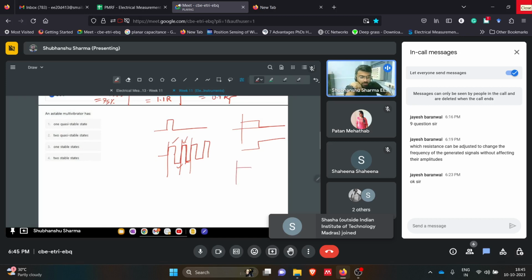If it was there, it will remain there. Only if we give some specific input will it change its state. So it's based on our will, whether we want to change that or not. But it can achieve both the states. Okay.